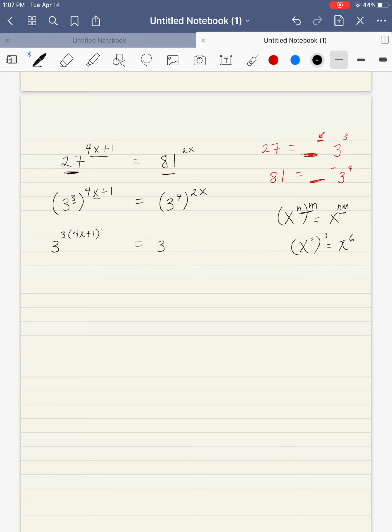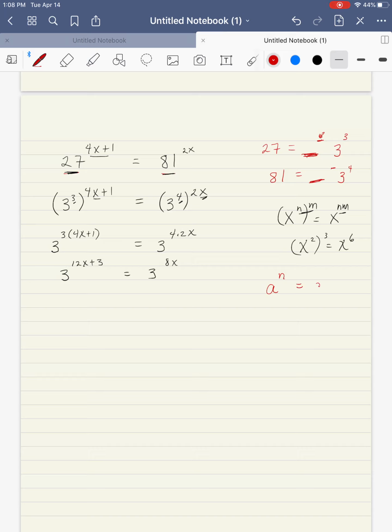So 3 times 4x plus 1. And on this side we still have our base 3, and we take 4 times 2x. So we have 12x plus 3 and 8x as our two exponents.